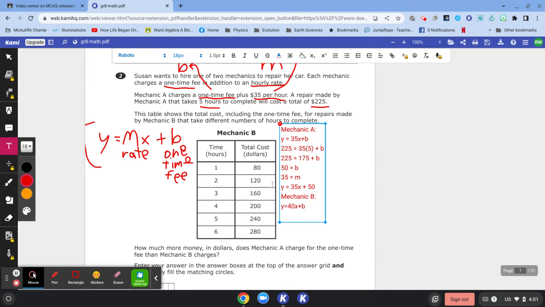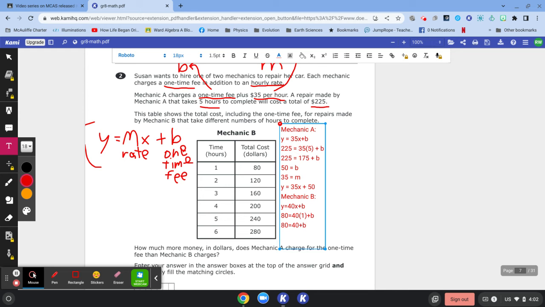Any of the information on this table will do the job. I'm going to pick the 1 and the 80 because I can now replace Y with 80, and that equals 40 times 1 plus B. And then that just becomes 80 equals 40 plus B.